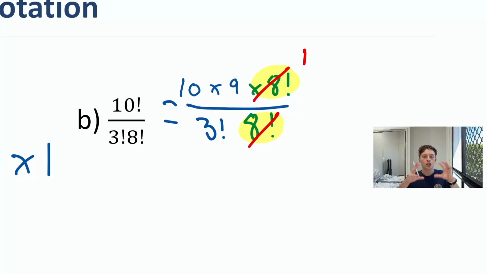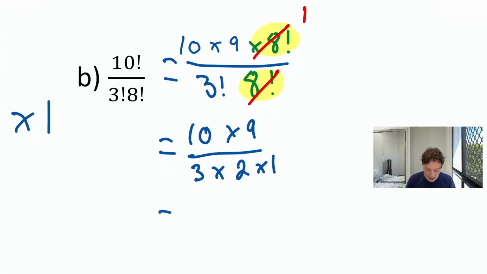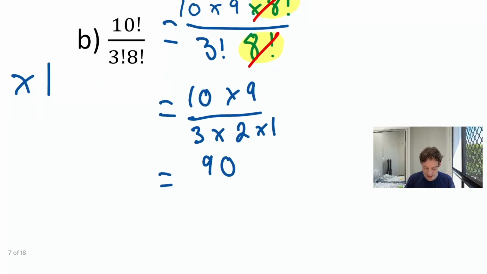I can simply match my denominator, get some nice cancelling, and then re-evaluate what I have. So I'm not finding 10 factorial anymore. I'm simply doing 10 multiplied by 9 divided by 3 factorial, which is 3 times 2 times 1. Well, 10 times 9 is going to give 90. 3 times 2 is going to give 6. I've got 90 divided by 6, which will give an answer of 15.